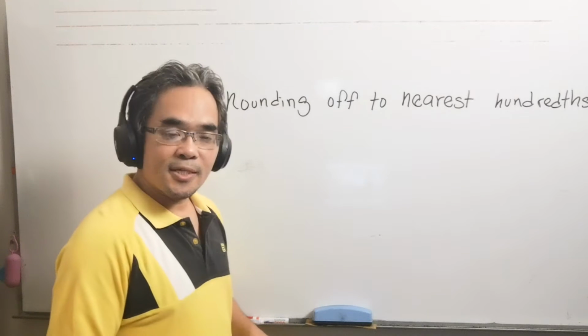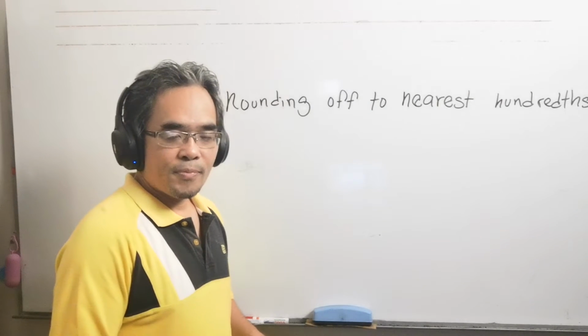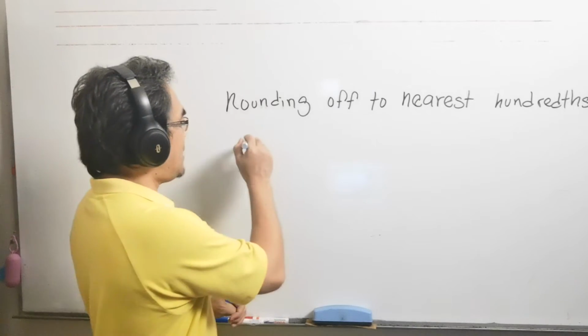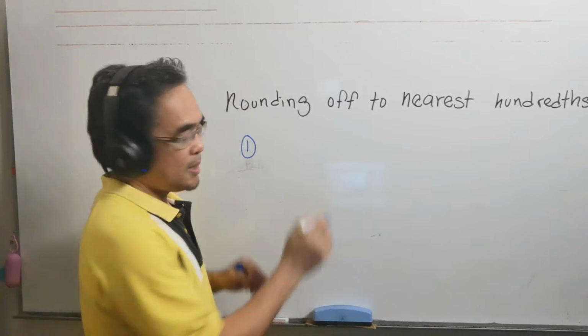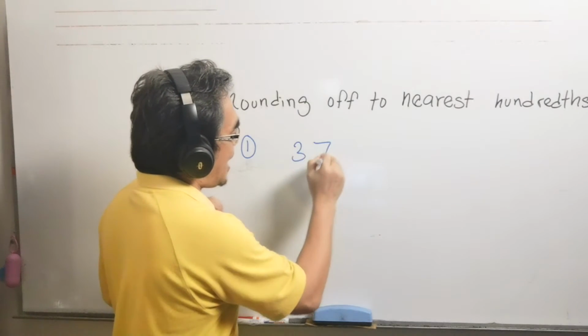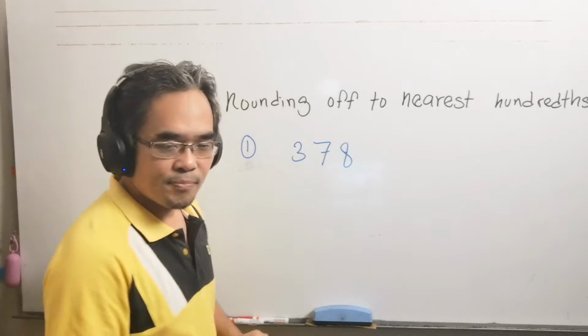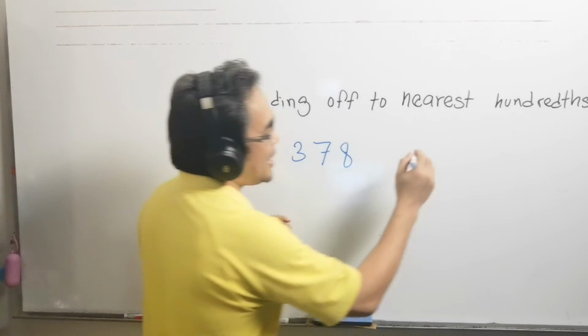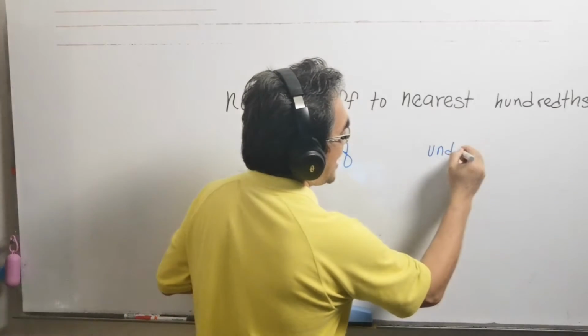Rounding off to the nearest hundredths. Okay, so let me give you an example. First example, 378. So what do you do first? Underline hundreds. Yes, correct.